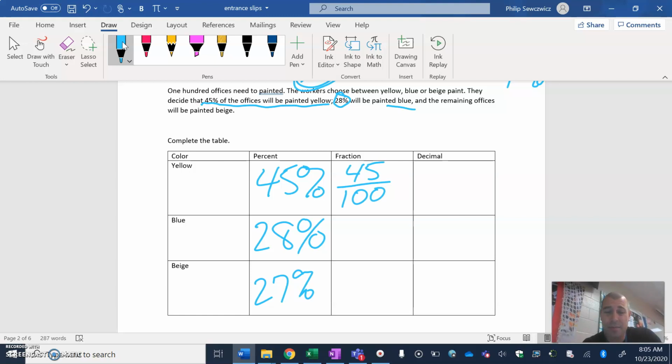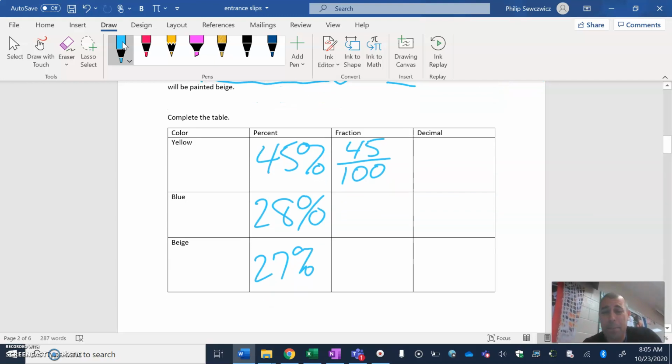So let's go to blue. Again, percent is always out of 100. And the last one, again, percent is always out of 100. That's all it takes.